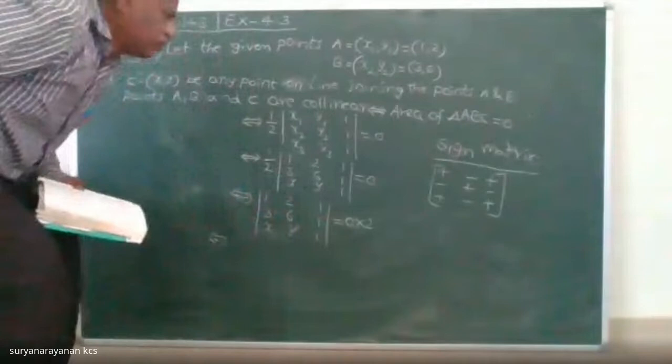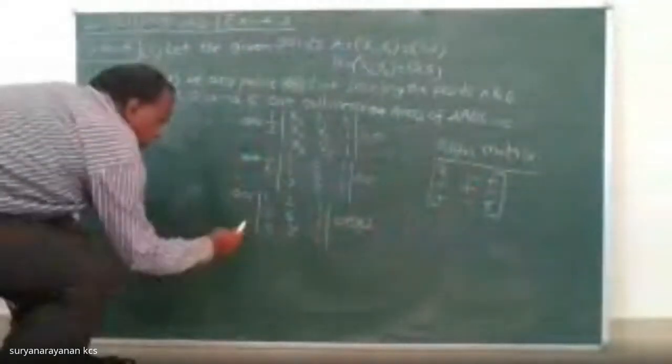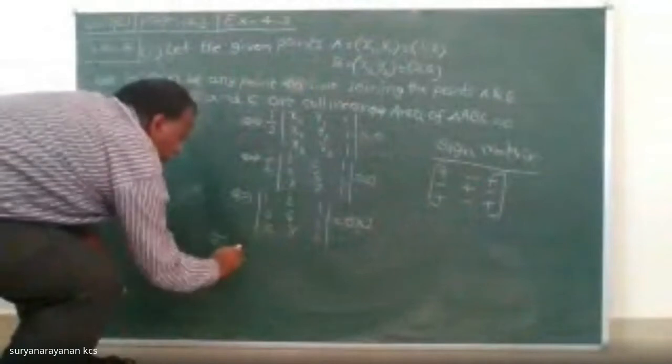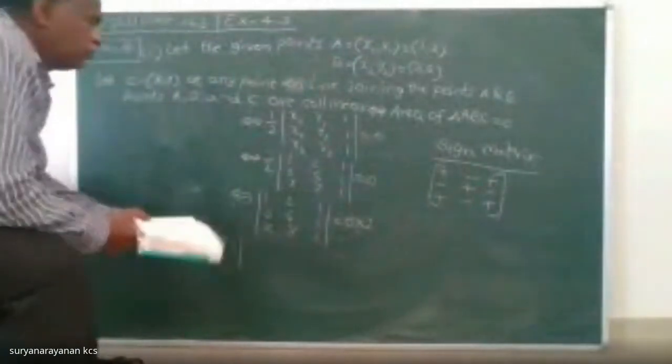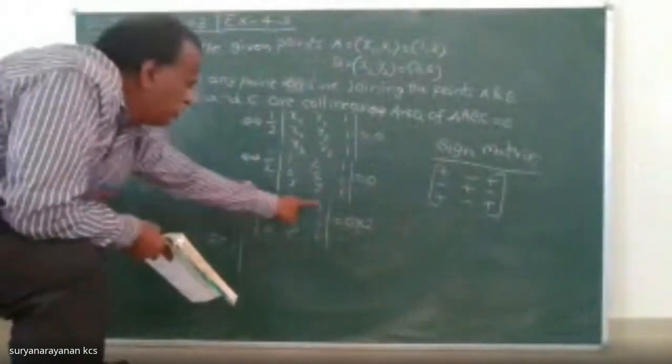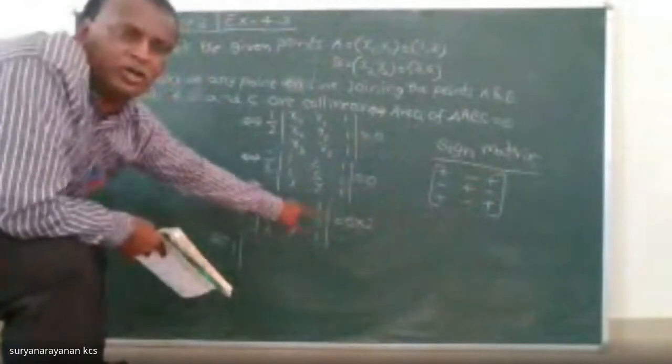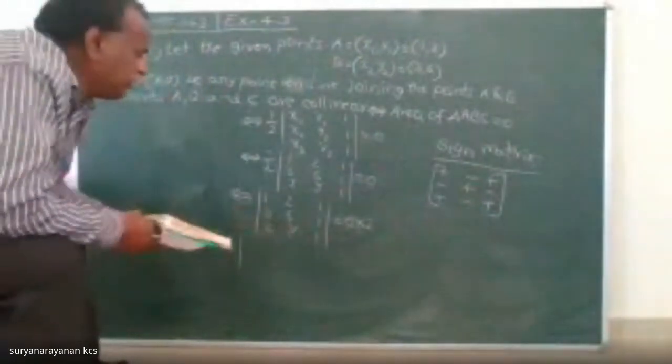So we want to expand this determinant along C3, so these signs are used. So, plus 1 into, close this row and close this column. Then what will you get here?